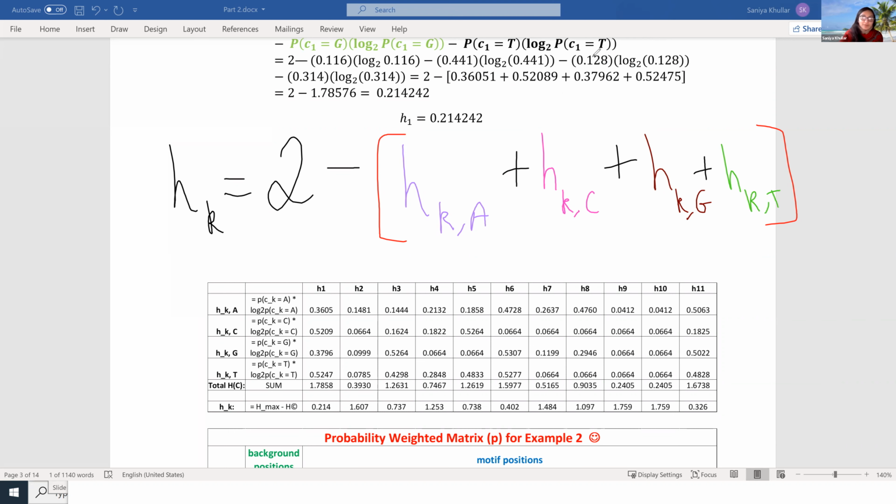And again, just remember that this is our H max.